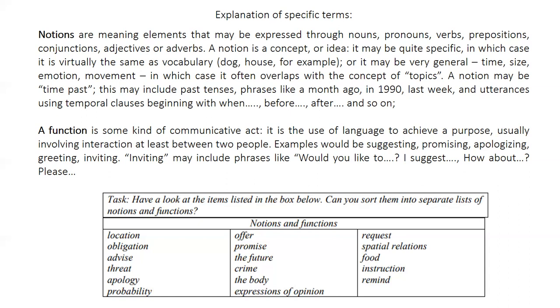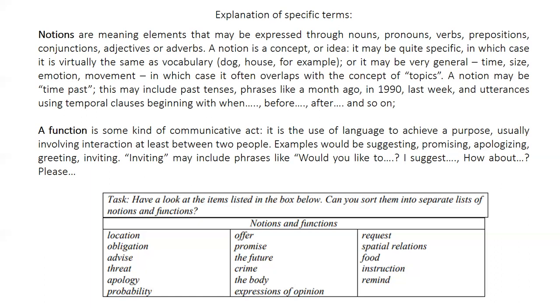Examples would be suggesting. So suggesting, you are talking with other people. Promising, apologizing, greeting, inviting. The inviting may include phrases like "Would you like to?" or "I suggest to." How about please? Just like that. So, notion is your idea.